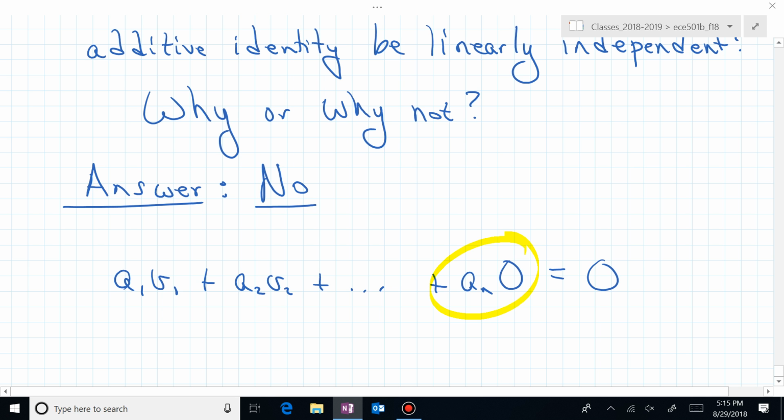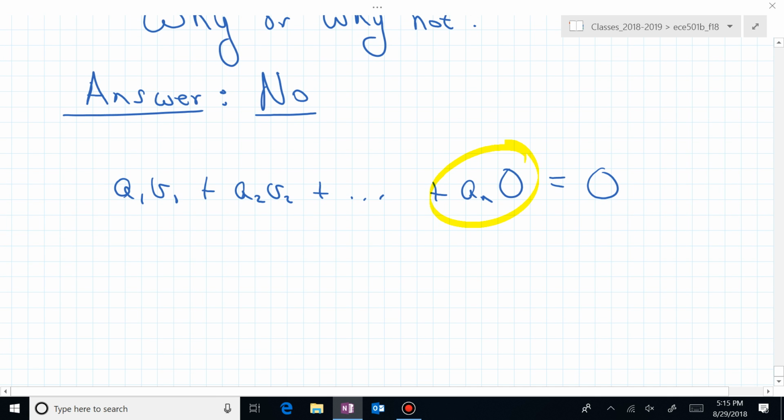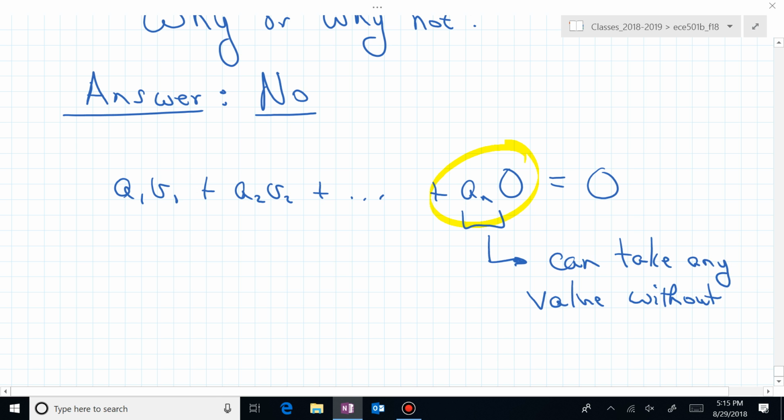No. Here's our justification: this coefficient can be anything we want, and it can definitely be nonzero and still give us 0 in that combination. So this can take any value without affecting the sum.